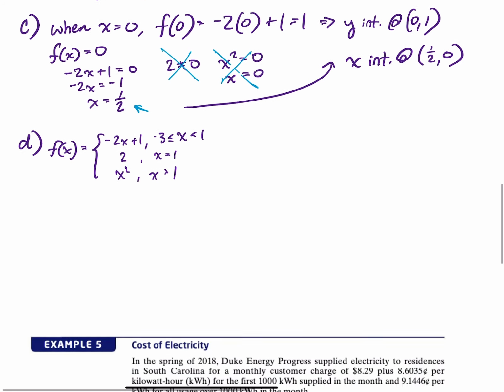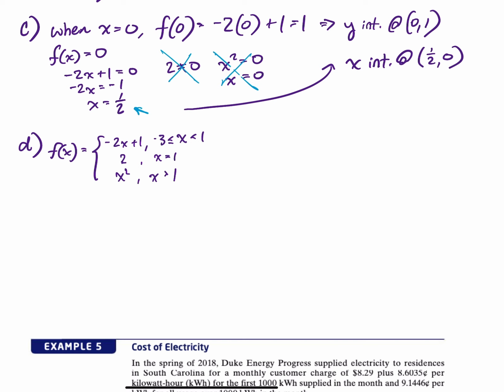So what will this look like? Well, again, let's just think about each function separately. So first, let's say when y equals negative 2x plus 1. So this is a line with a y-intercept of positive 1.